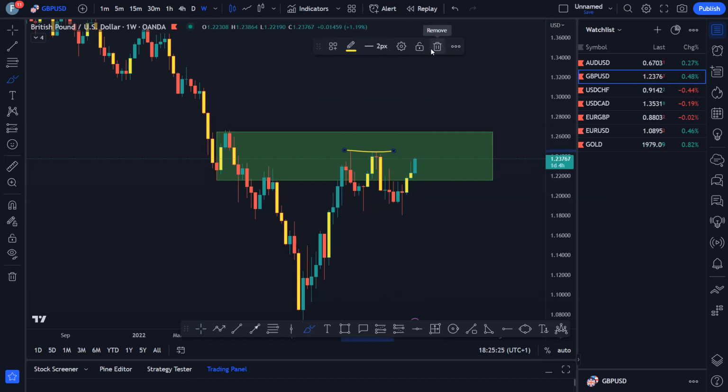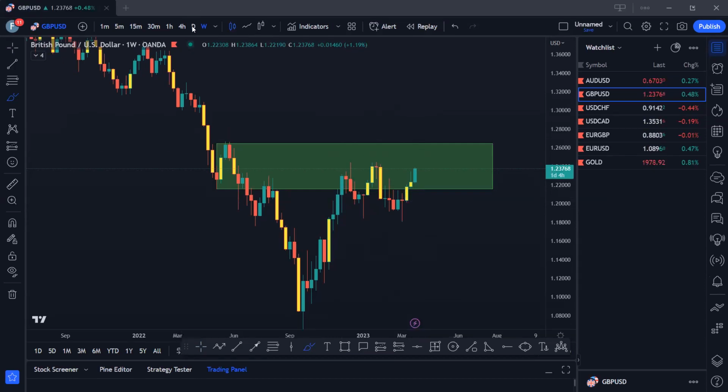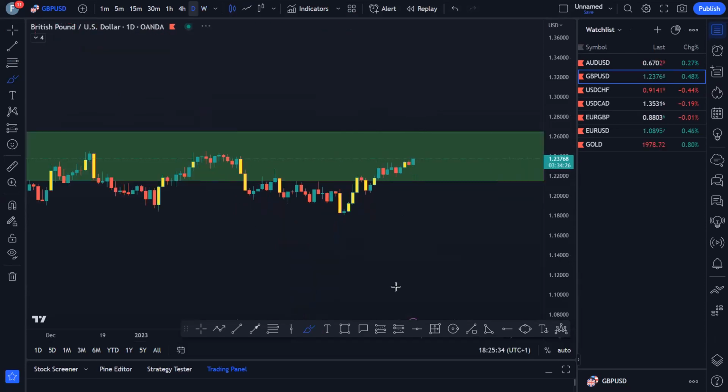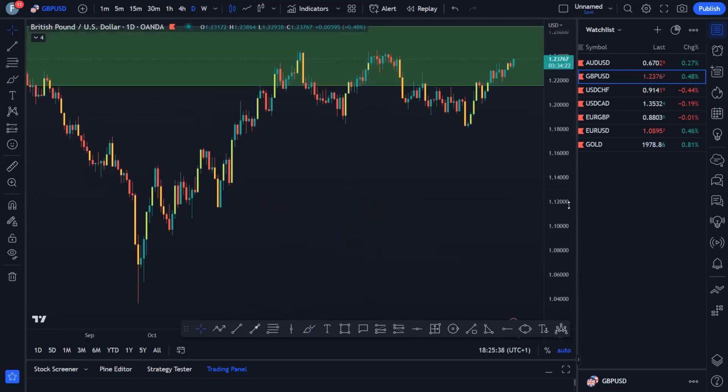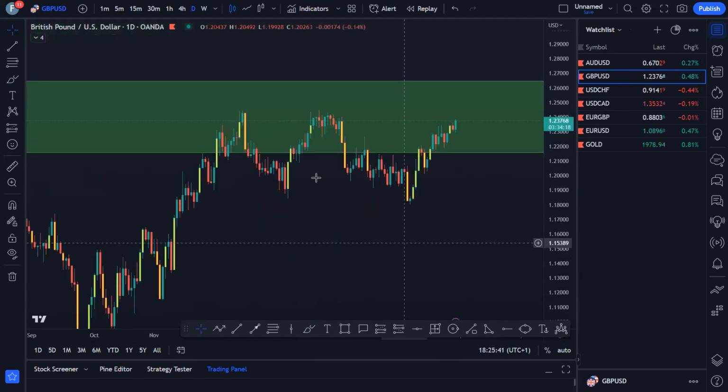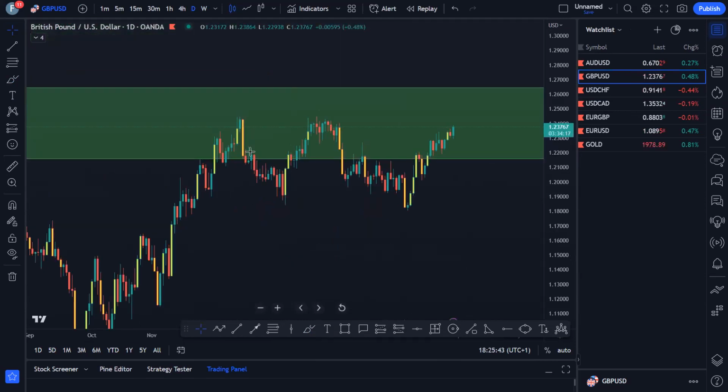Now, let's go to a lower time frame. Let's go to the daily time frame and see exactly what price is doing. So this is a daily time frame. We can see the liquidity that we're talking about here, these equal highs here. And then what can we see?